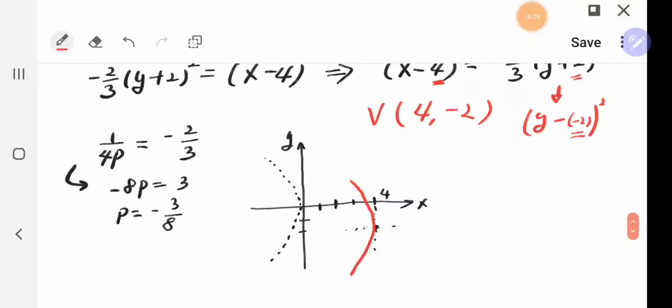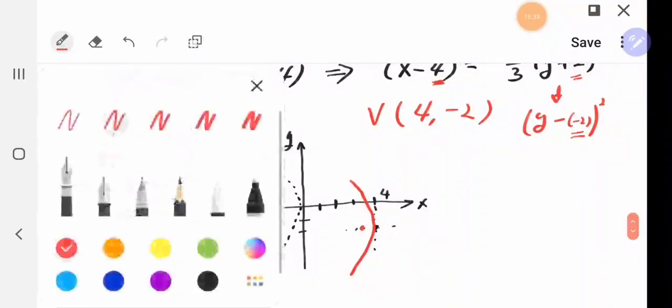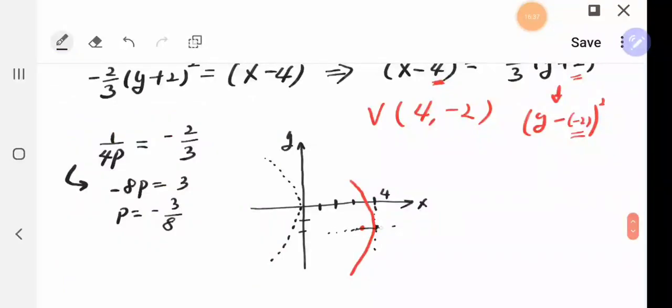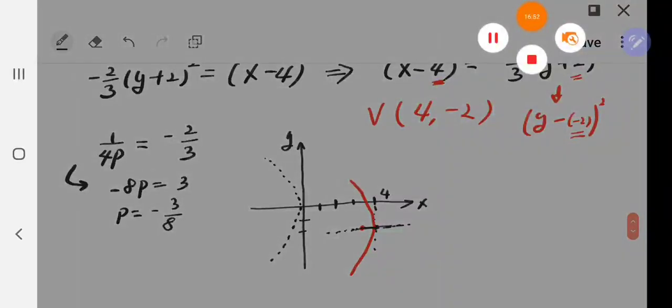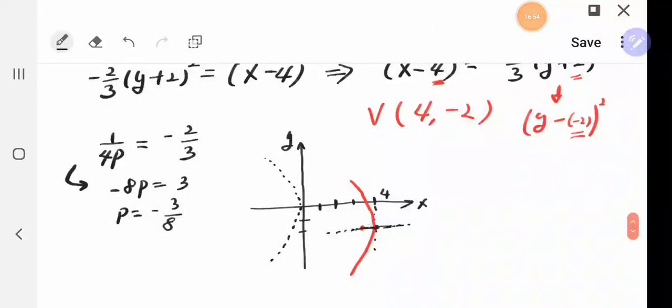And then the focus should be over here, inside the graph. And this distance is negative 3 over 8, negative 3 eighths.